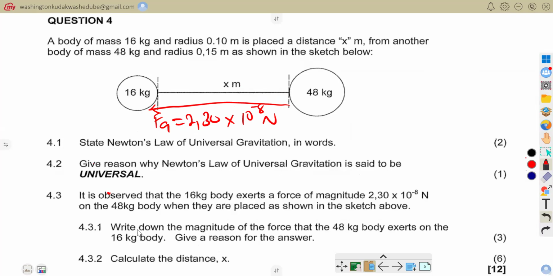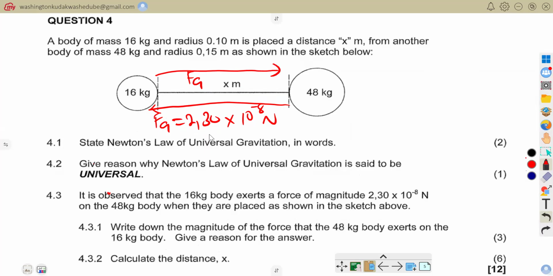Now they are saying, write down the magnitude of the force that the 48 kg body exerts on the 16 kg body. Now we want the force that this object is exerting on this one due to the gravitational attraction.